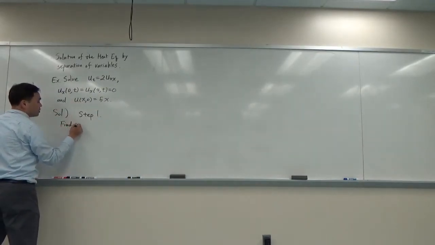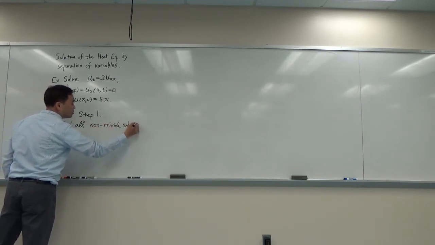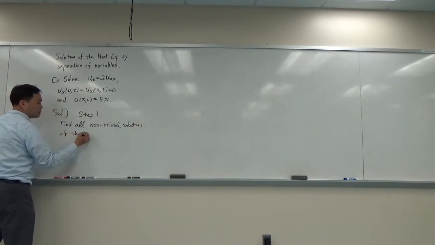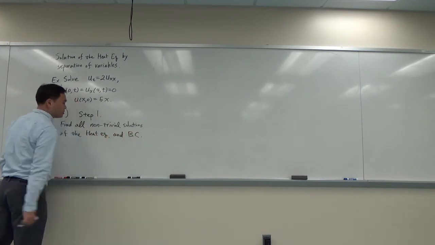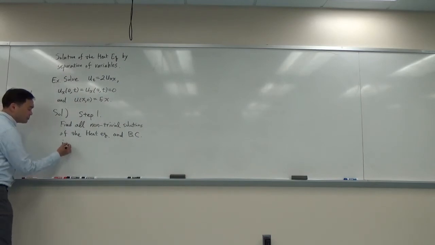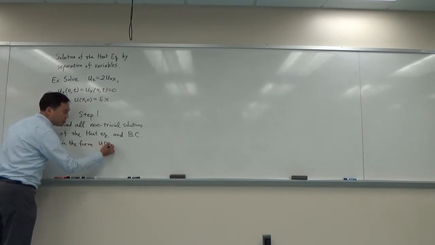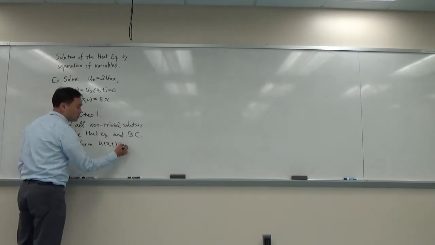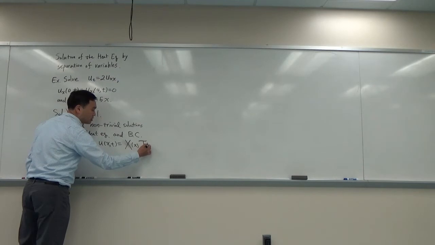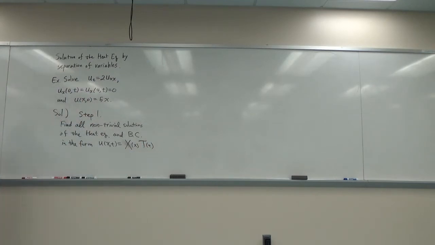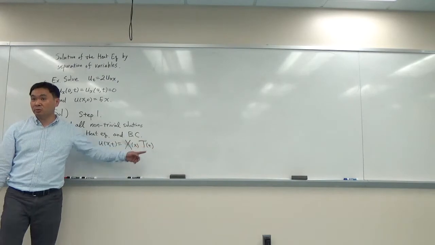find all non-trivial solutions of the heat equation and boundary conditions in the form, and this is actually the core idea, in the form u(x,t) = X(x)T(t), where capital X is a function of x only, and capital T is a function of t only.